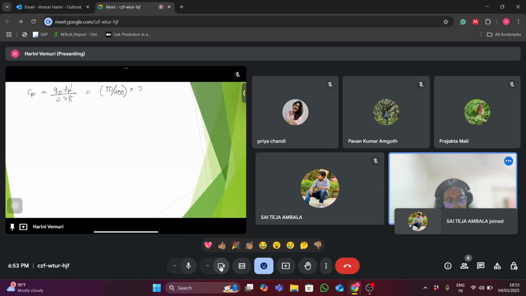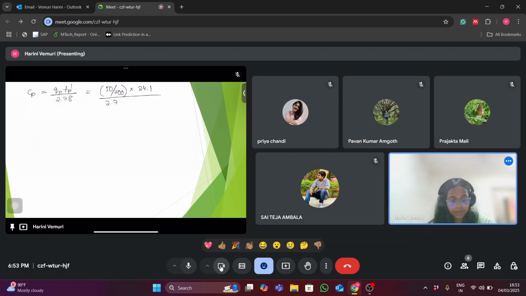Into Tp dash by 2.78 gives 0.619. Okay, this is the Cp value.